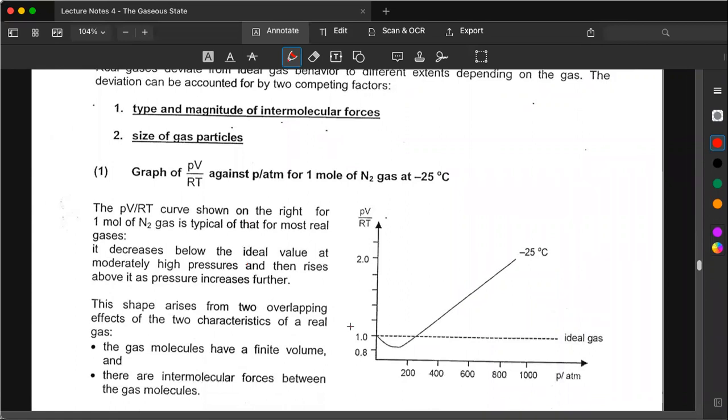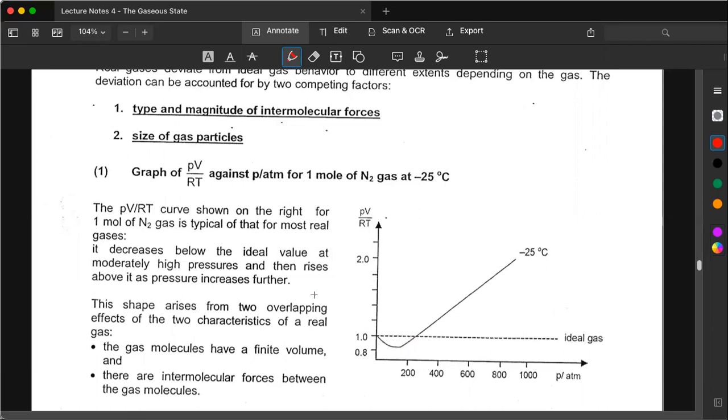And we see something. The curve shown on the right for 1 mole of nitrogen gas is actually typical for most real gases. It will decrease below the ideal value at high pressure. So you can see that there is a great deviation as the pressure increases. But when the pressure is lower, it will be closer to the ideal gas.